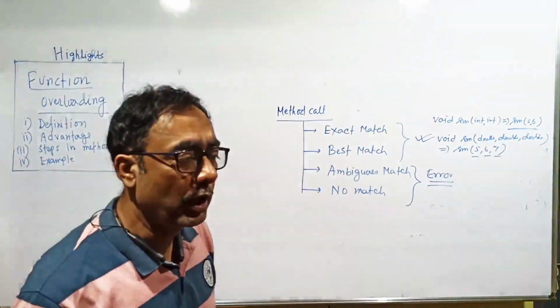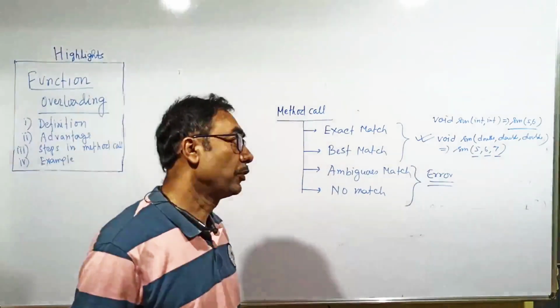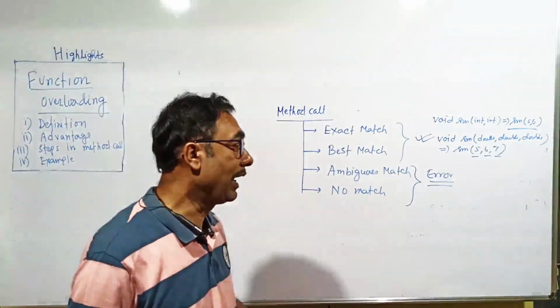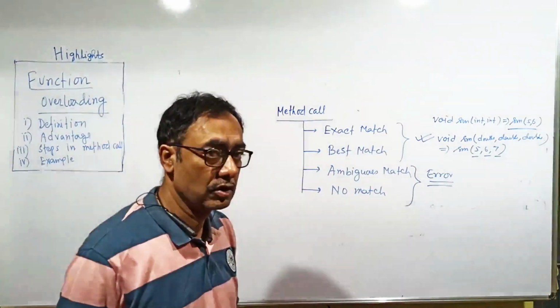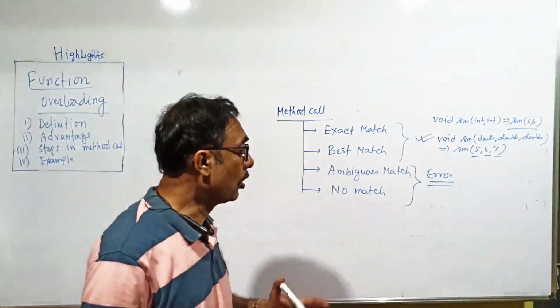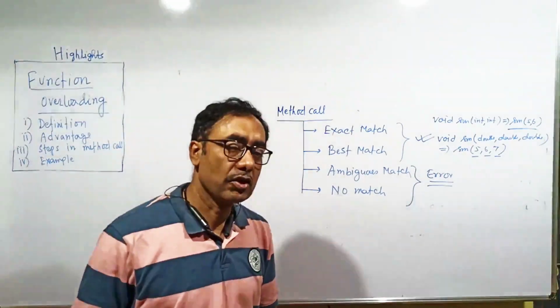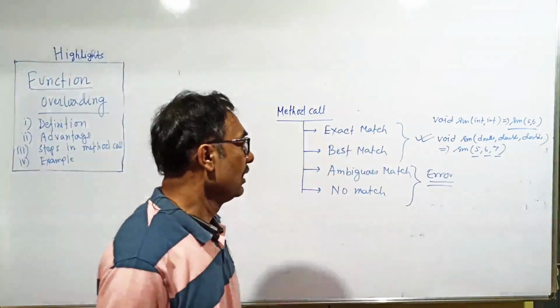So it will be 5.0, 6.0 and 7.0, and it will match with this method definition. So this is called the specific match or best match.